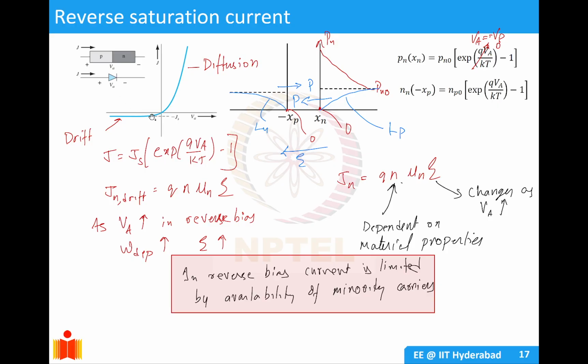Hence it first increases with your Va, and after that it becomes saturated. So the current is limited by availability of minority carriers. Once they are fully depleted, your current saturates, and hence it's called a reverse saturation current, which is equal to Js.